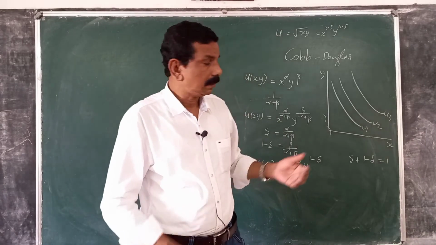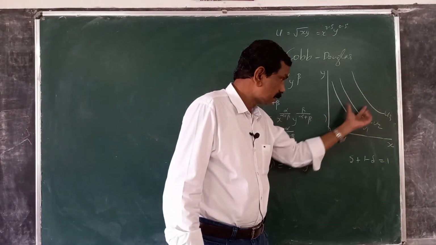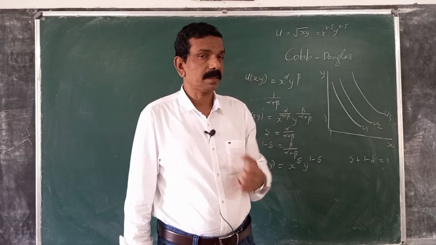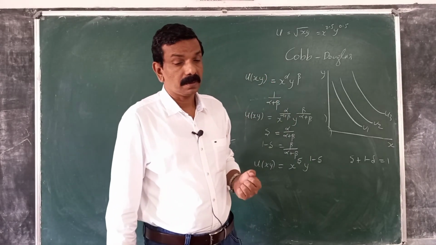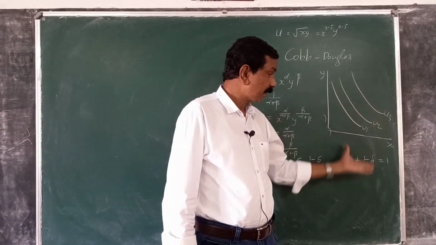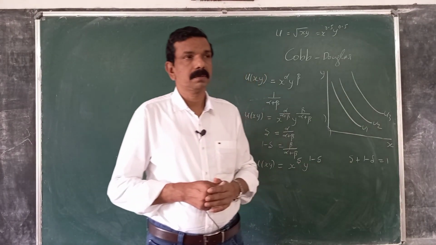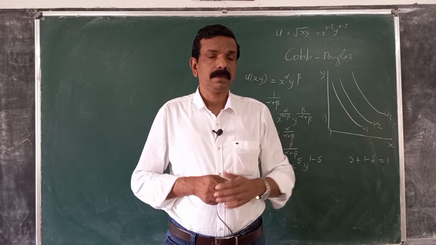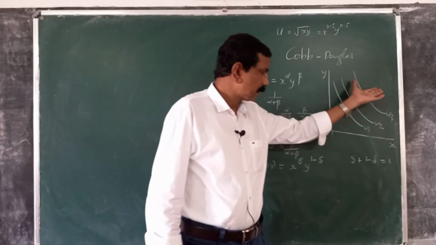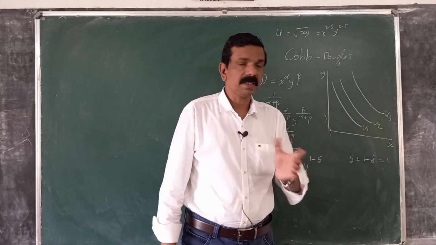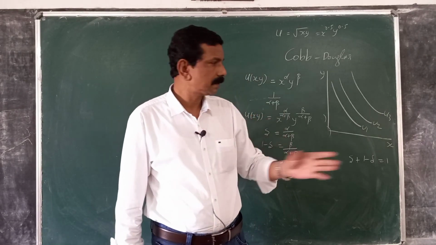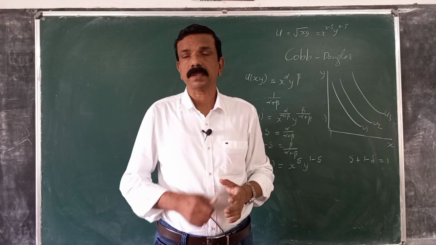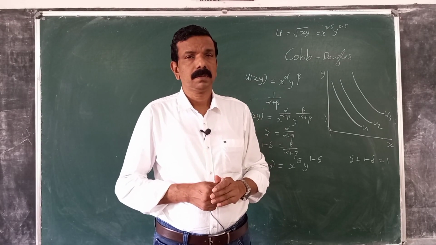So this is the standard shape of the indifference curve, satisfying all the four axioms, known as well behaved indifference curves. This is the most familiar shape, negatively sloped, convex, satisfying all the four axioms. That is it.